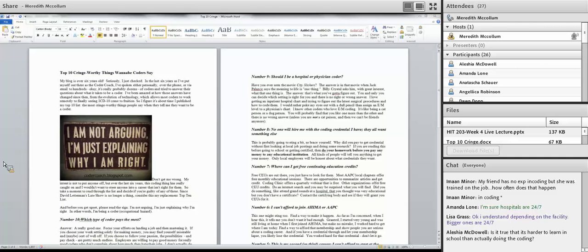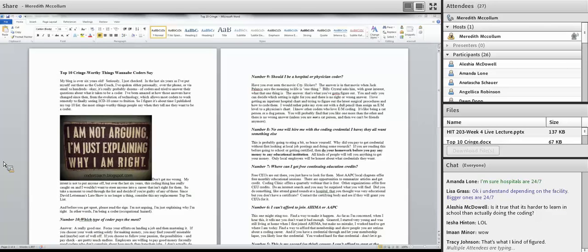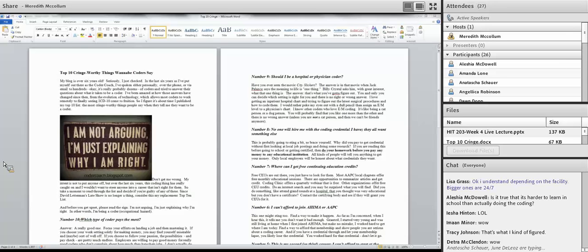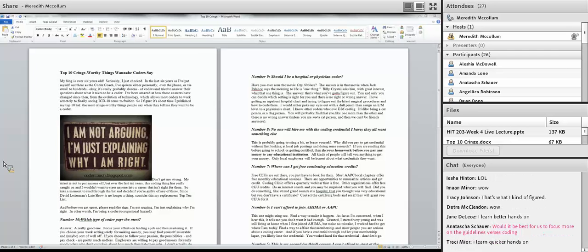No. What I learned in school meant nothing in my coding career. I honestly learned on the job. But I try to teach you all a little bit, much more in the 205 on the coding guidelines, because you can pick a code all day, but if you don't know the coding guidelines, yes, definitely, especially for the RHIT exam, that's what you're going to be tested on, the guidelines.